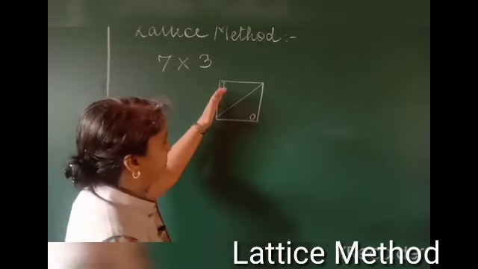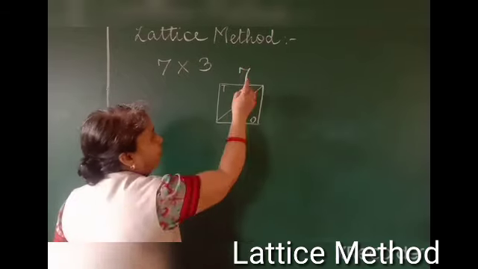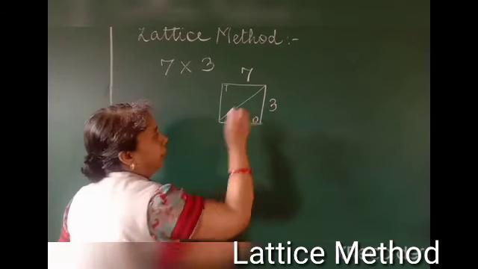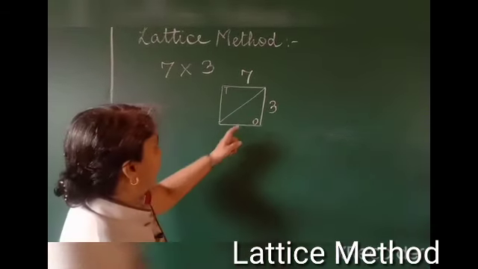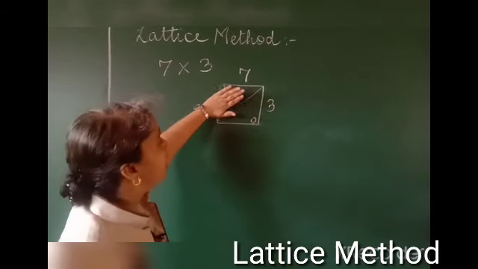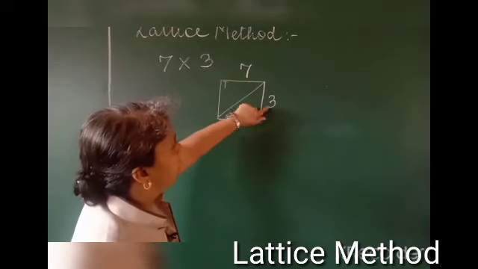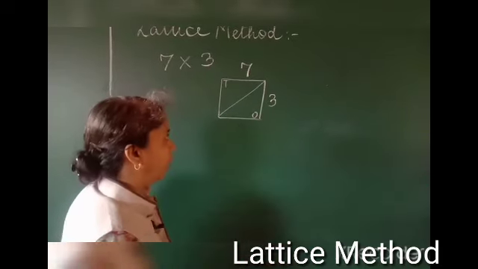Always remember, when we make a block for this one number, one block is made and this 3 will be written down. This is for ones, and the upper part will represent the number at tens place. Now when we multiply 7 into 3, that is 21.